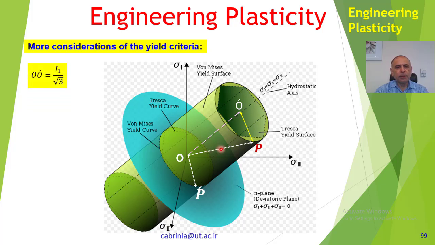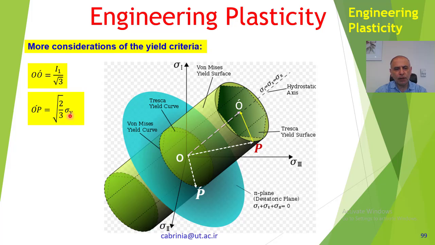Now, we have obtained these values before. OO prime is equal to I1 over root 3, that component, which is the hydrostatic stress. And O prime P also is equal to root 2 over 3 sigma y.